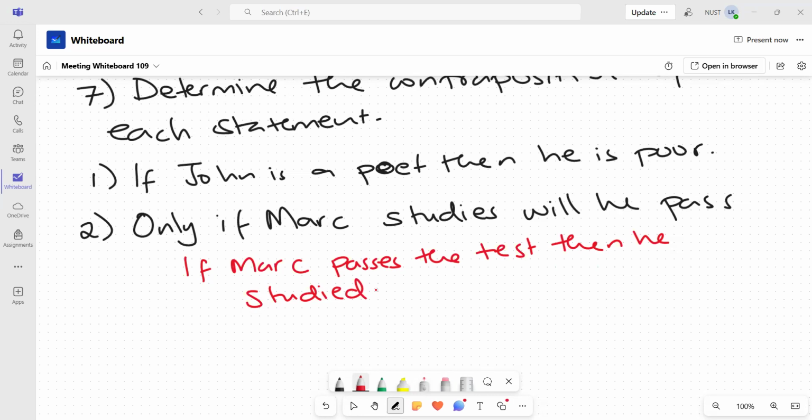Okay, so this one might be a little bit tricky, but we need to remember what only if means in terms of our statement. So if you go back in your notes, you will see it.